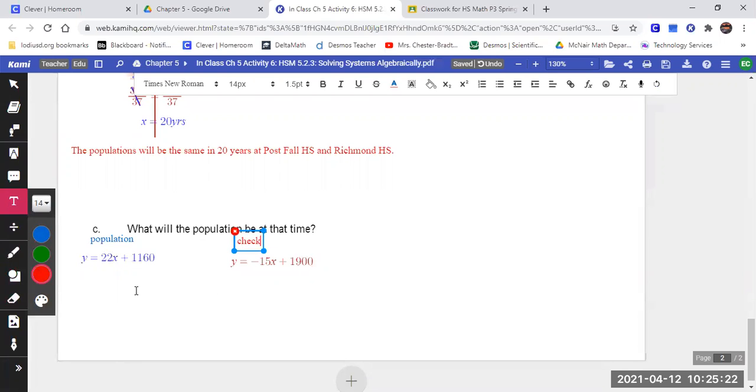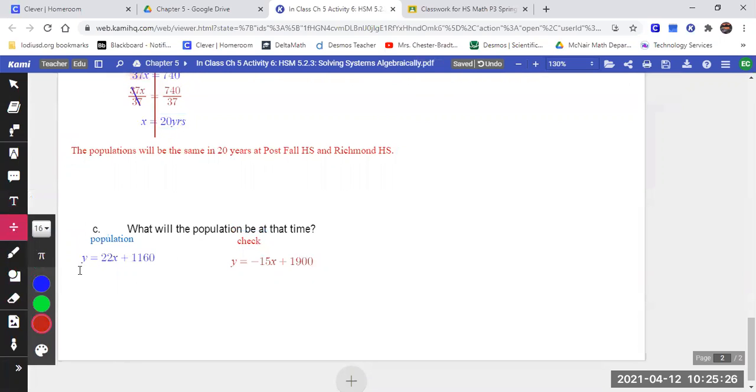Okay. So we're going to take our x, we just figured 20, and we're going to put it in for our population. So y equals 22 times 20 plus the 1160. I'm figuring how many students are there. Okay, use your calculator. 22 times 20, what do we get?